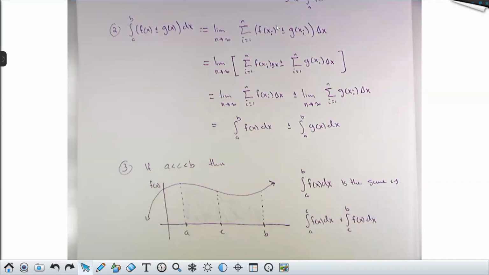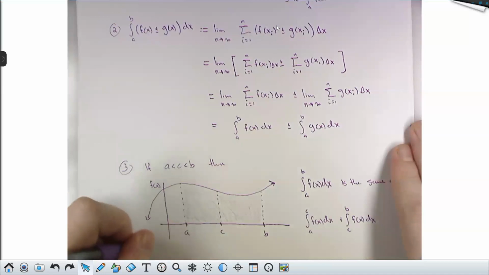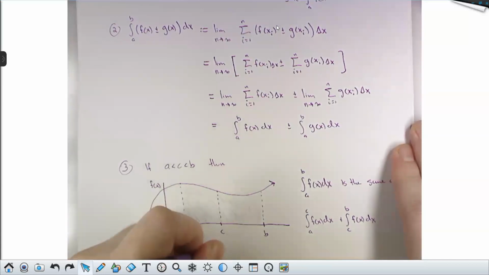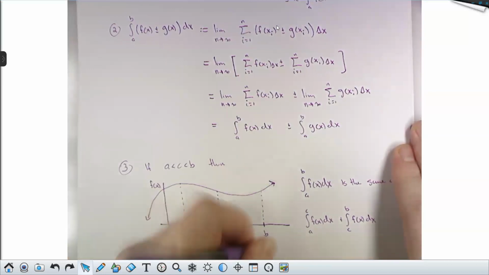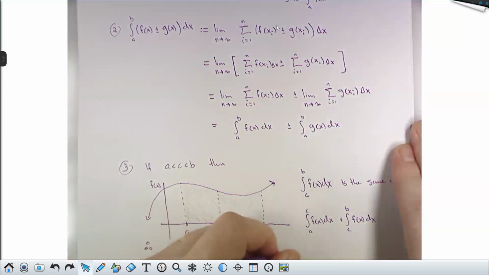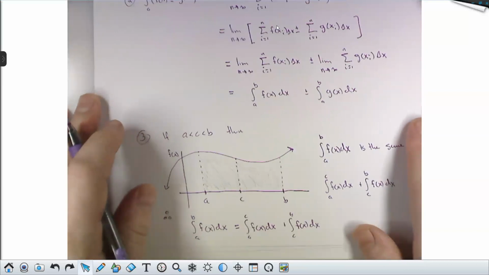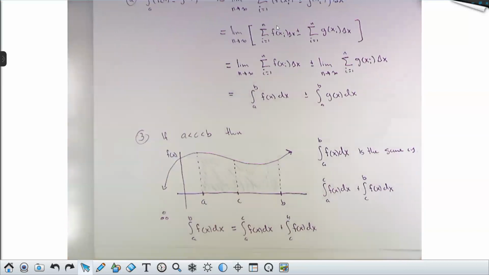So they're equal. Therefore, the integral from a to b of f of x dx is equal to the integral from a to c of f of x dx plus the integral from c to b of f of x dx. Very cool fact. It's kind of obvious from the picture, but it's surprisingly useful.